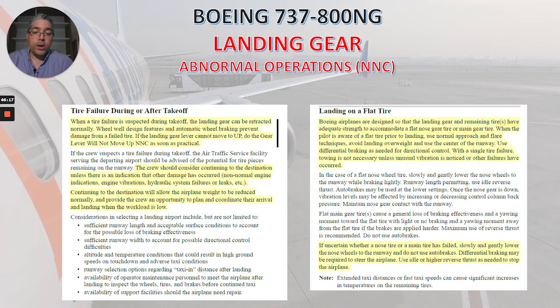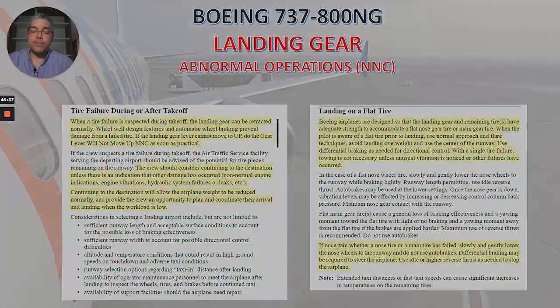If uncertain whether a nose tire or a main tire has failed, slowly and gently lower the nose wheels to the runway and do not use auto brakes. Differential braking may be required to steer the airplane. Use idle or higher reverse thrust as needed to stop the airplane.